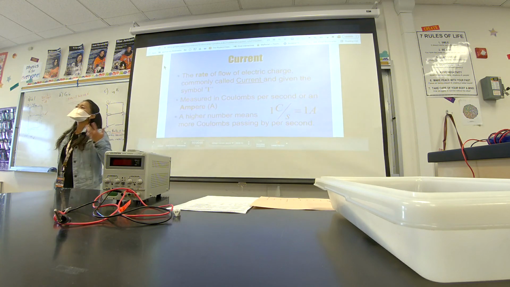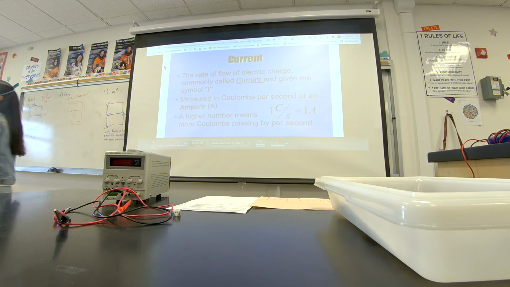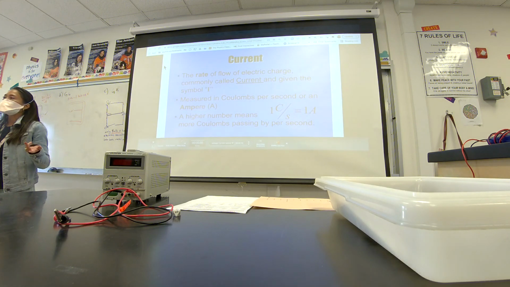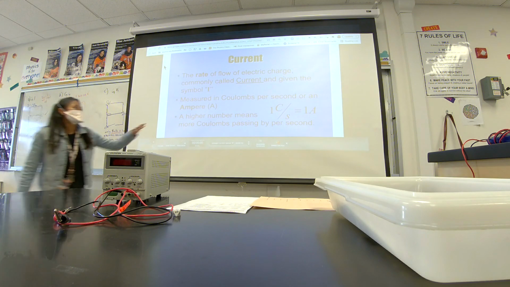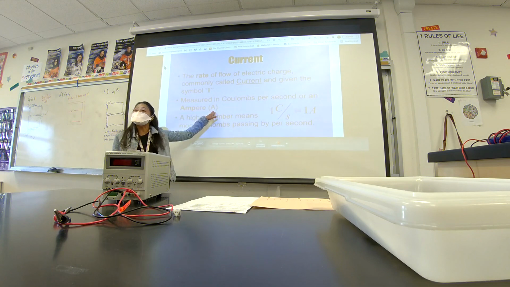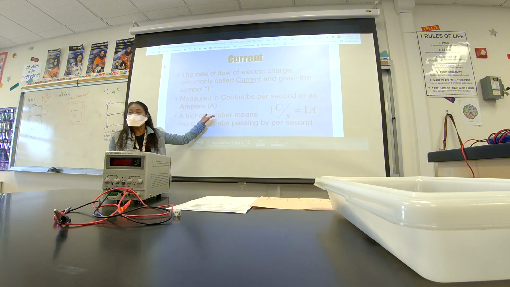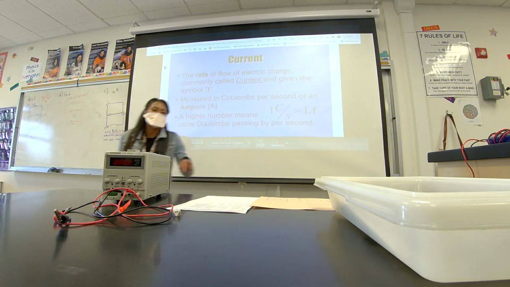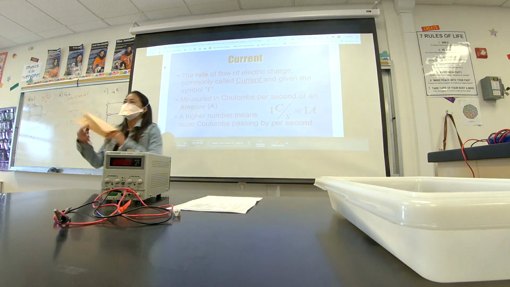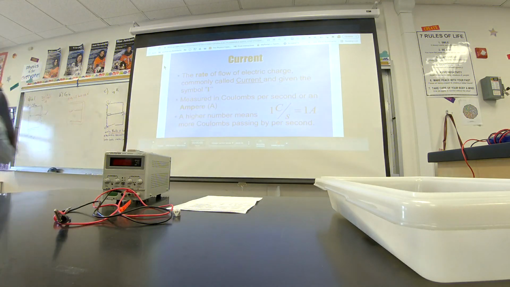So that's the unit for current. If you say that your charges travel at 100 coulombs per second, you can say it travels at 100 amps. So amperes, or capital A, or amps for short, is your unit for current, which is your definition for number 4.